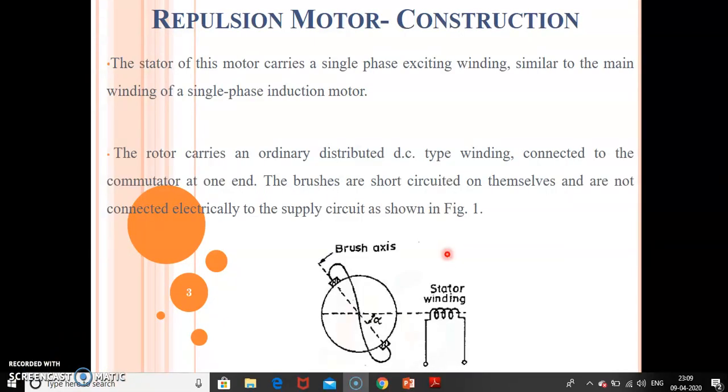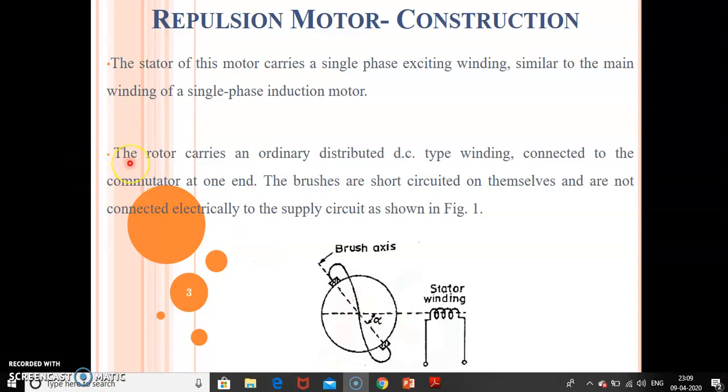Now let us have a look at the construction of repulsion motors. Like other motors, this motor also has two basic parts, stator and rotor. The stator of this motor carries a single exciting winding similar to the main winding of a single phase induction motor. It would have a single stator winding, and this winding is excited with the help of a single phase AC supply.